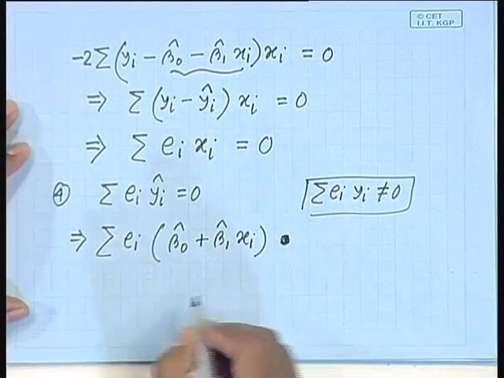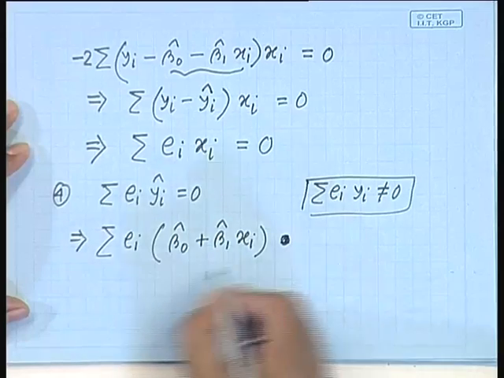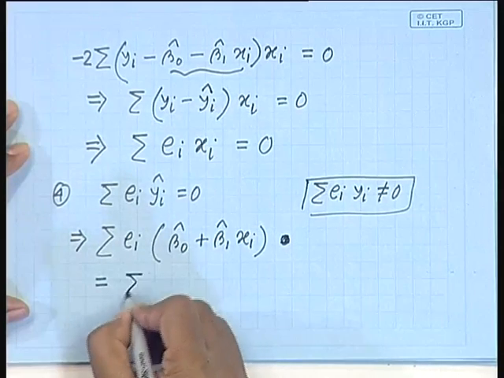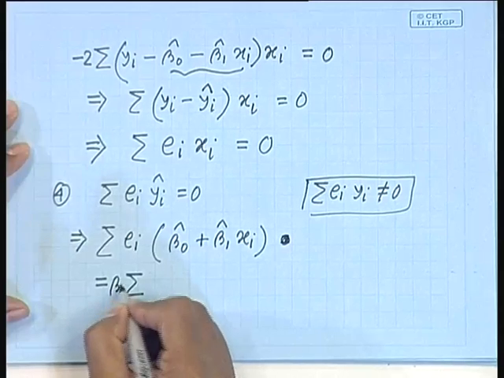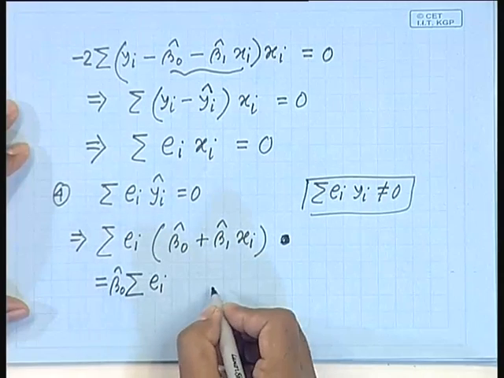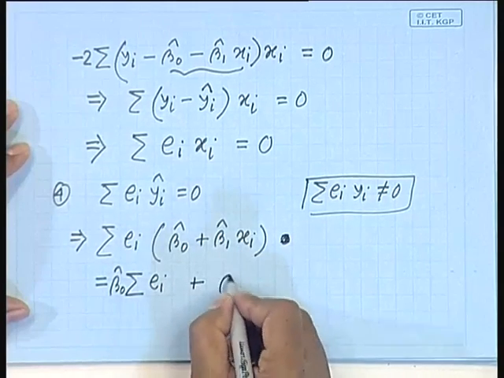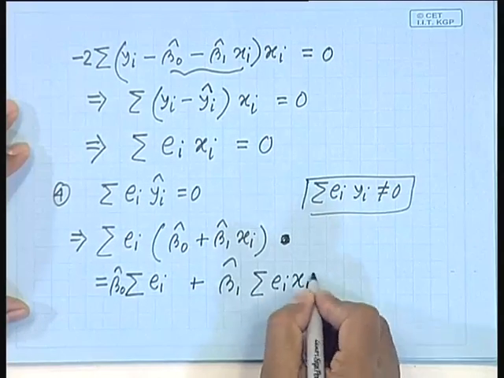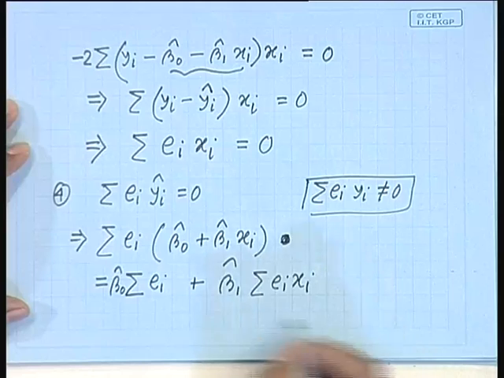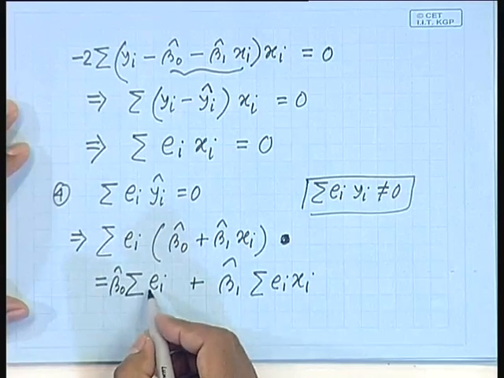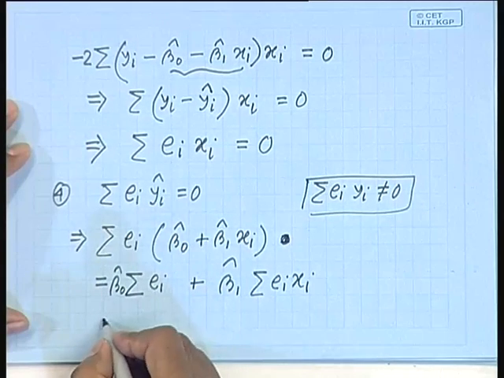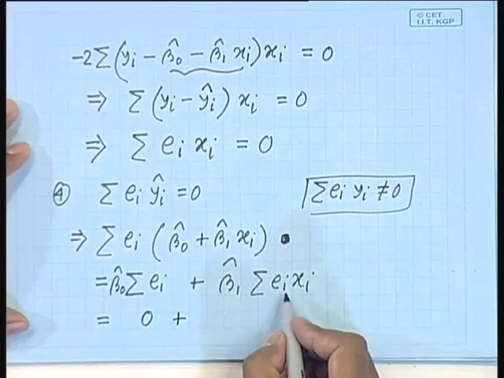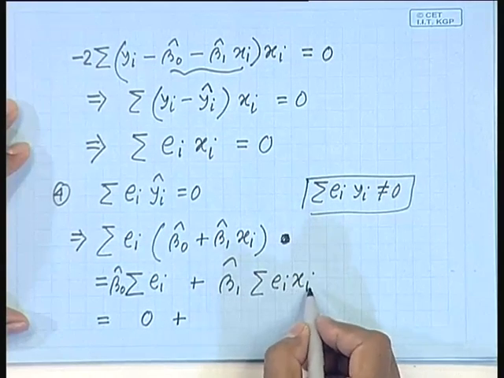Which is equal to summation beta naught hat ei plus beta 1 hat summation ei xi. Now, from the first property, summation ei is equal to 0, and the third property says that summation ei xi equals 0.